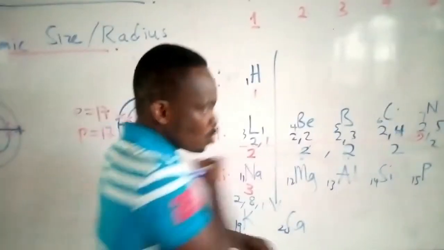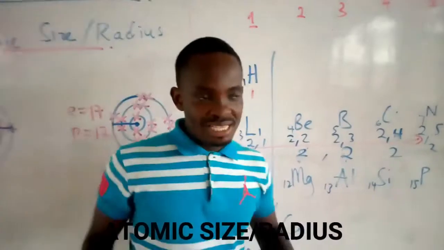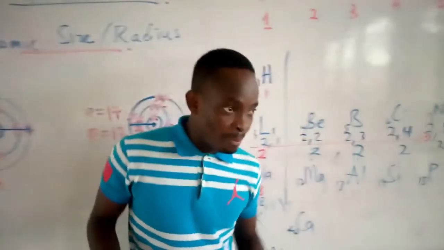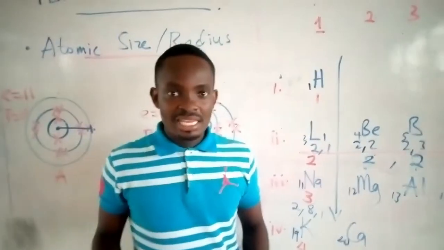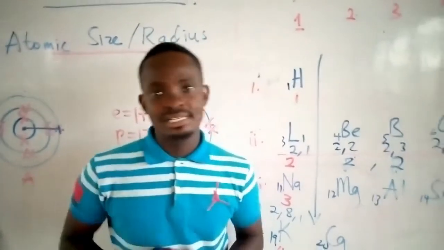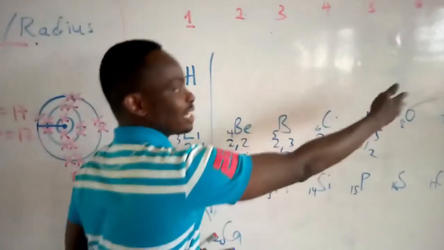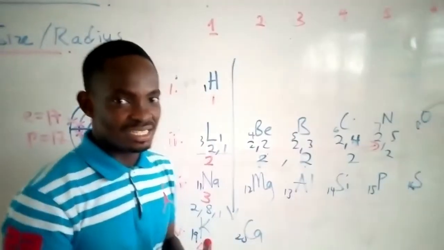So take note, across a period, there is the same number of shells. You can be writing them down. The same number of shells, but an increase in the proton number or atomic number, leading to an increase in nuclear attraction. Therefore, a decrease in the atomic size, which means that as you go across the period, atomic size decreases.